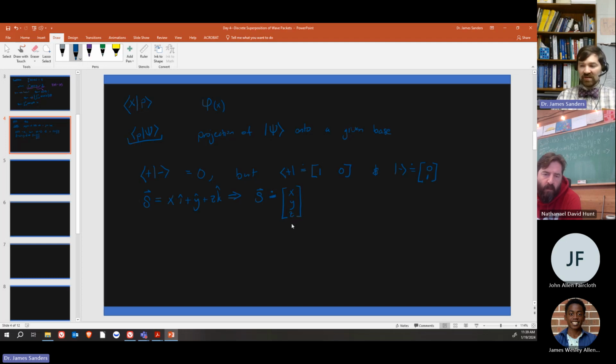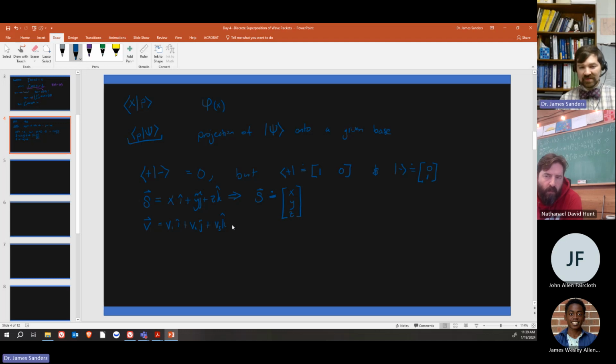Where all of this breaks down, though, is if I have S and then I want to dot it with, say, velocity. I just want to take the dot product. We know how to do that operation. So I'd end up with x V1 plus y V2 plus z V3.